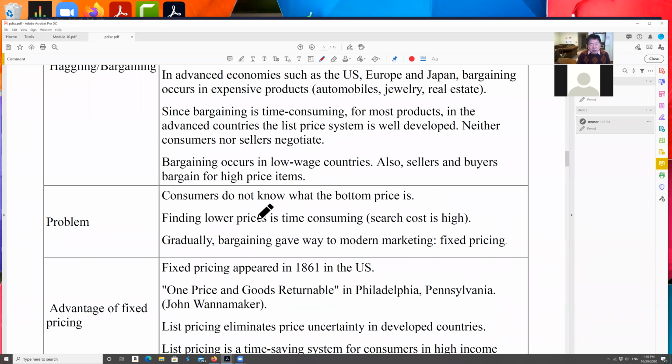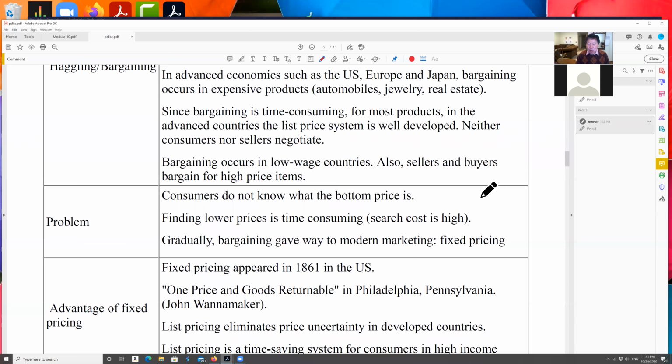The consumers, there are some problems, right? In this case, when haggling is acceptable, you don't want to pay a penny more than the bottom price, but consumers generally do not know.